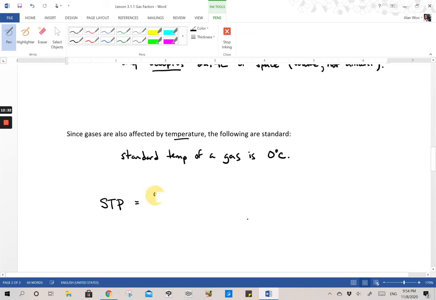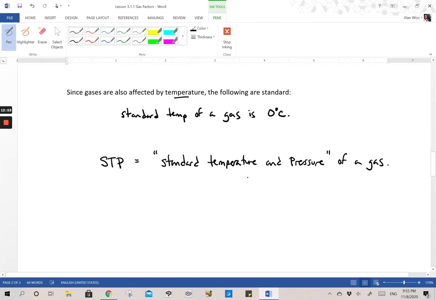STP literally stands for standard temperature and pressure of a gas. So the standard temperature is 0 degrees Celsius. The standard pressure is 1 atm.